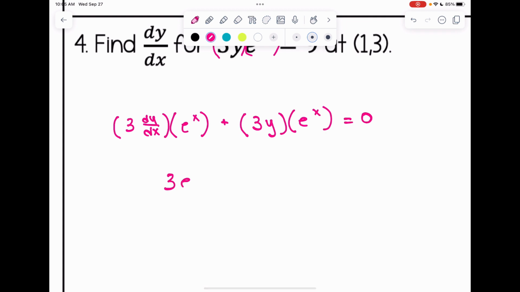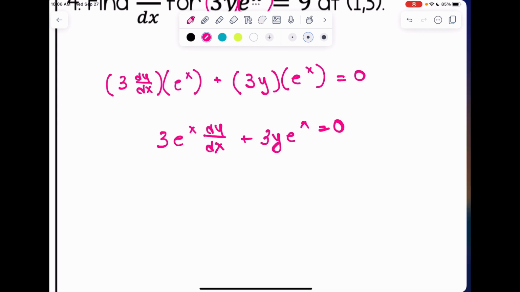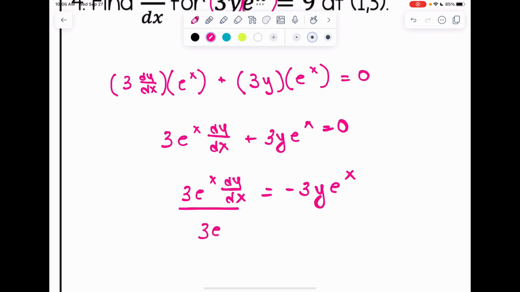I'm going to just rewrite this without all of these parentheses. And we want to solve for dy dx. So I'm going to start by moving the term without dy dx to the other side. And then I'm going to divide by 3 e to the x in order to isolate the dy dx.